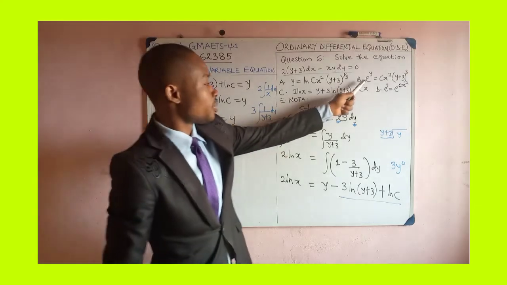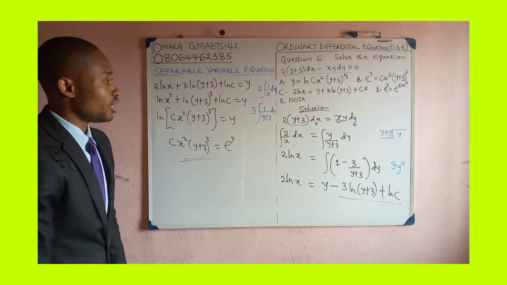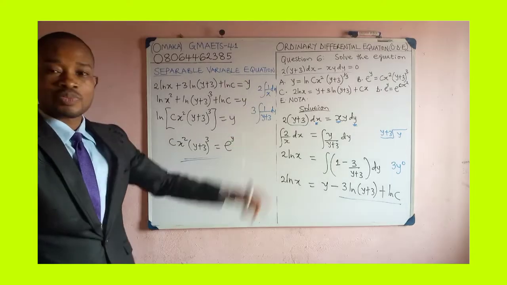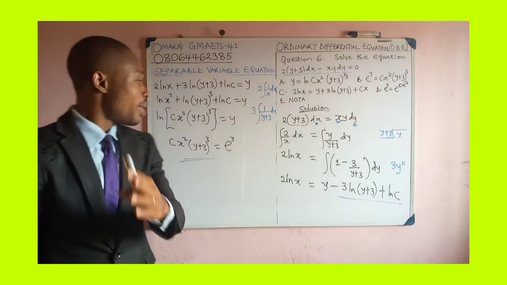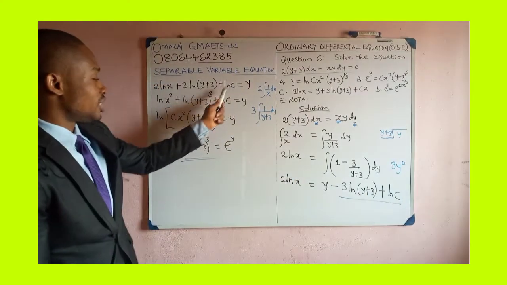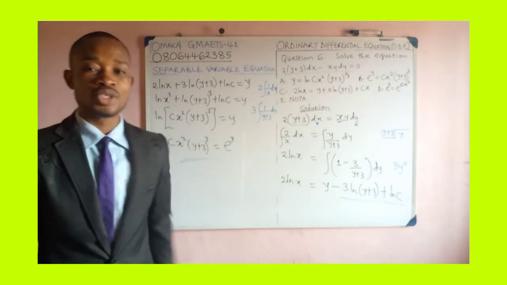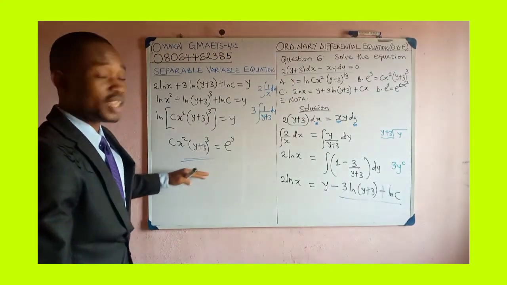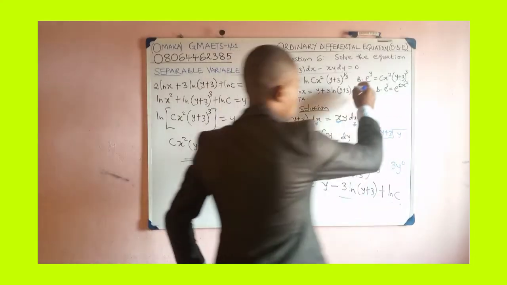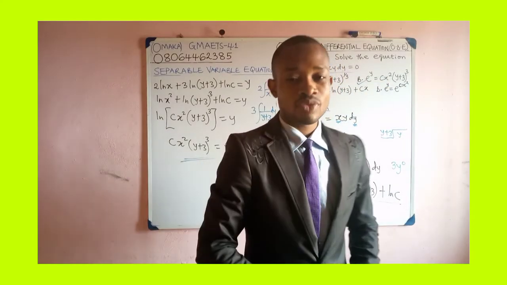Okay, do you see that in option B? So option B is the correct answer to this problem. This is the general result based on the options they gave to us. Remember, every other thing you did here is a solution to this differential equation, so that we work towards the correct option given to us. So option B is our result.